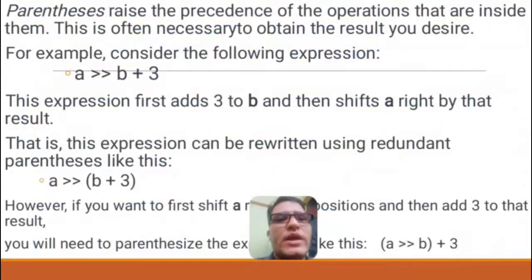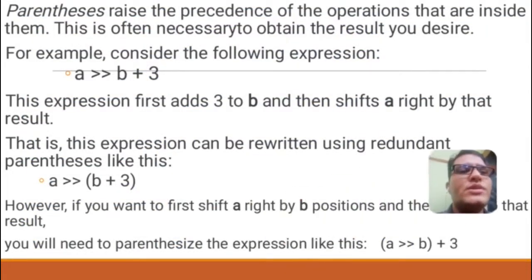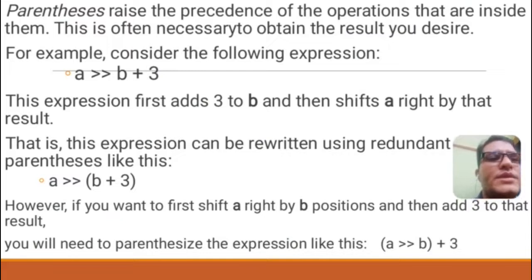And next, whenever we are using parenthesis in an expression, whatever the condition is present in your statement within the parenthesis will execute first. Okay, I have given here one expression, that is a right shift b plus 3.